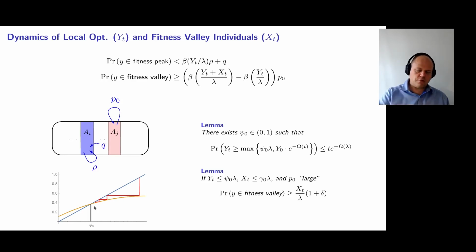Then once we have no more than psi naught individuals on the local optima, and we have some but not too many individuals in the fitness valleys, the probability of sampling an individual in the fitness valley becomes xt over lambda times 1 plus delta, where xt is the number of individuals we have in the fitness valley. So essentially, the proportion of individuals in the fitness valley will increase. And this is essentially condition G2 in the classical level-based theorem.